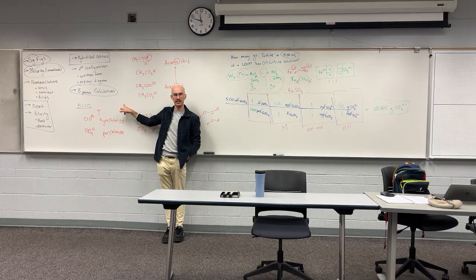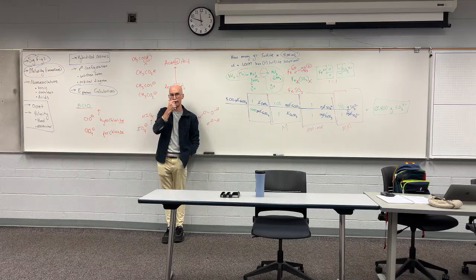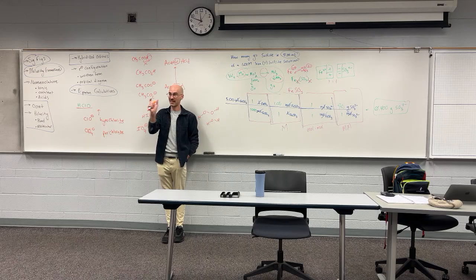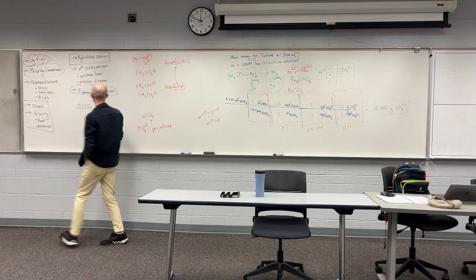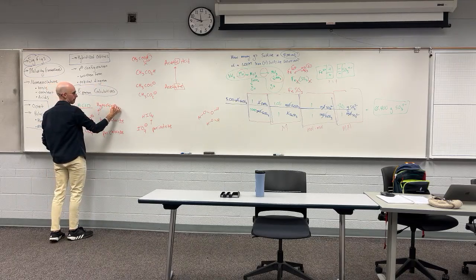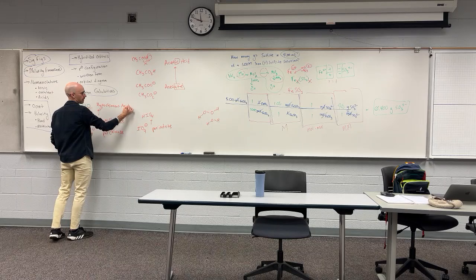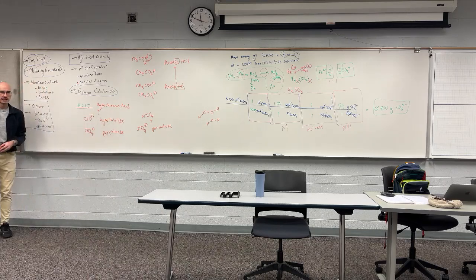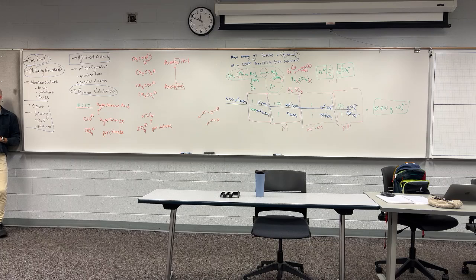So the name of this acid is, and then at the end, hypochlorous acid. Hypochlorous acid, HClO. Quite a long name for a very small chemical formula.